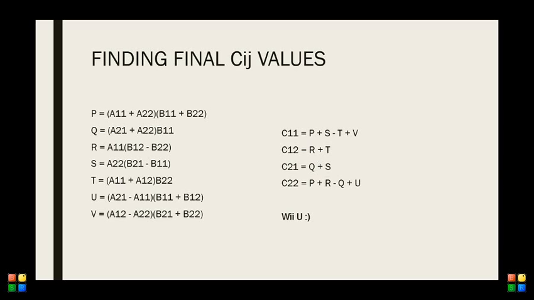Wii U is a video game console that is the successor of the Wii, and is manufactured by, what was the name, Nintendo Corporation. So I will write VU. I just remember this term VU, and I'll write C11 as V, C22 as U. It's that simple, and we are already done with the Strassen's matrix multiplication formulas.